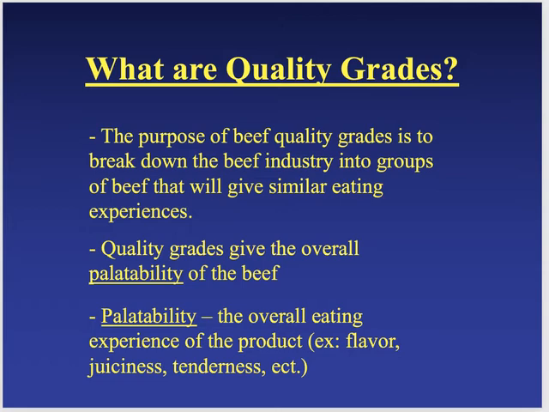When we look at a quality grade, that should give us the overall palatability of that actual carcass. We define palatability as the overall eating experience of a product. When we talk about palatability, we are looking specifically at flavor, juiciness, and tenderness. Those are the three things that most consumers worry about, and that's what we try to worry about in the industry.